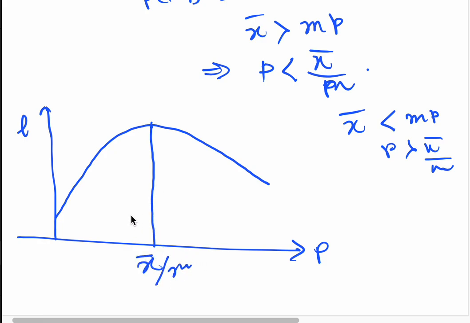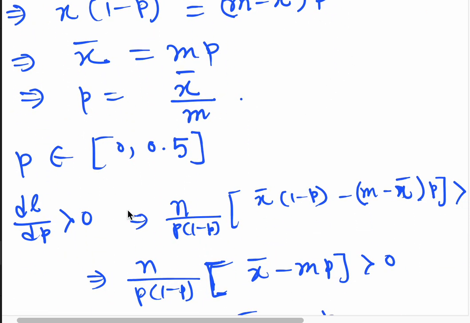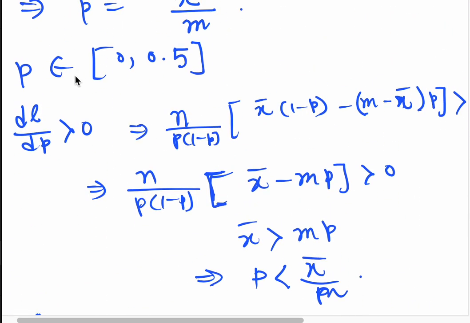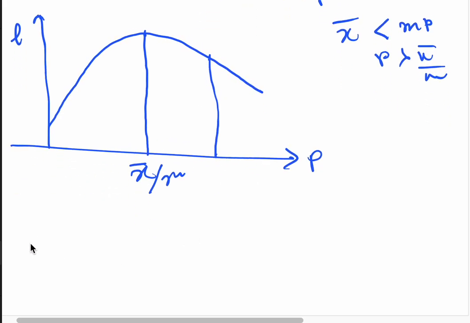Now we have to choose such values of p which also remain in this region. If 0.5 is larger than x bar by m, that means x bar by m is less than 0.5, then x bar by m is allowed.